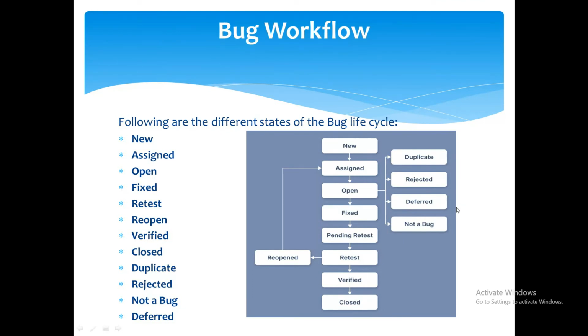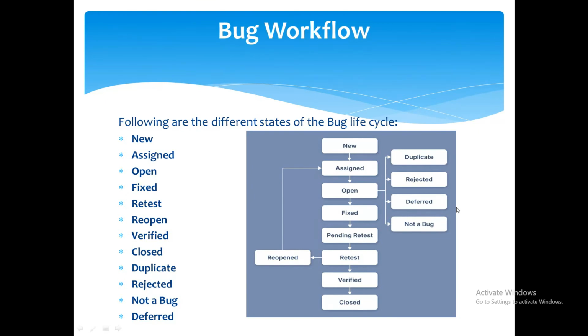The next step is fixed. When the developer makes the necessary code changes and verifies the changes, he or she can make the bug status fixed and the bug is passed to the testing team. The next step is pending retest. After fixing the defect, the developer gives that particular code for retesting to the tester.